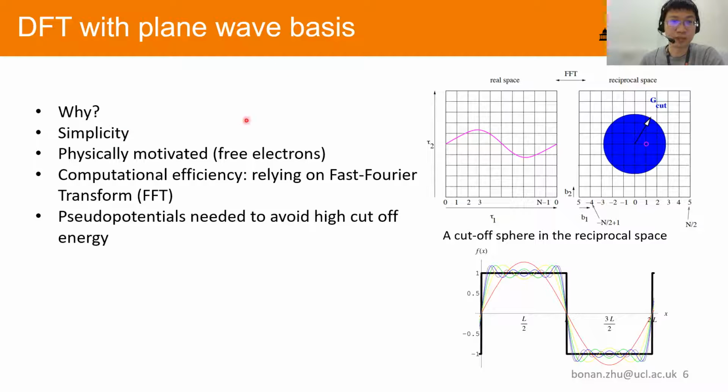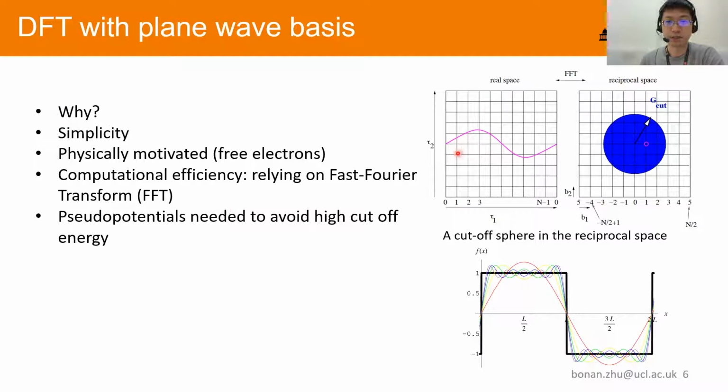One natural choice for a solid system is the plane wave basis because of the periodic boundary, and it's especially efficient for crystalline materials, which have periodicity. It is also computationally efficient because the fast Fourier transform can efficiently transform the plane wave basis from reciprocal space to real space and back and forth.